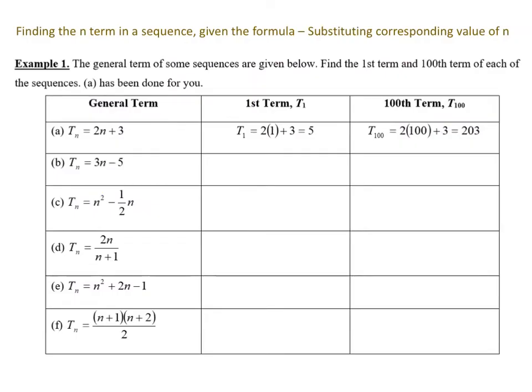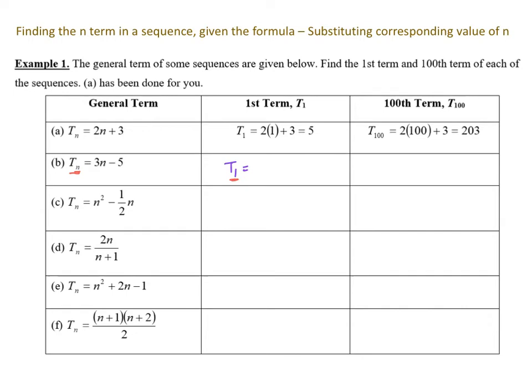Now let's try to find the nth term of a sequence. Given the formula, we're going to sub the corresponding value of n. In this table, find the first term and 100th term of each of the following sequences. For example, part B, Tn equals 3n minus 5. That means 3 times n minus 5. When I have term 1, n will be the number 1.